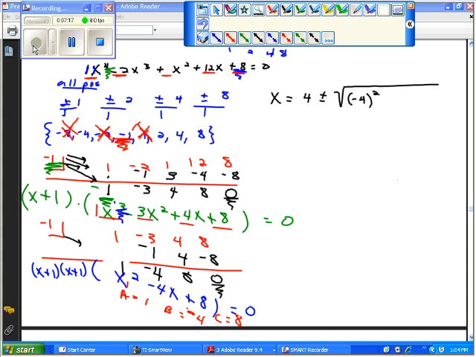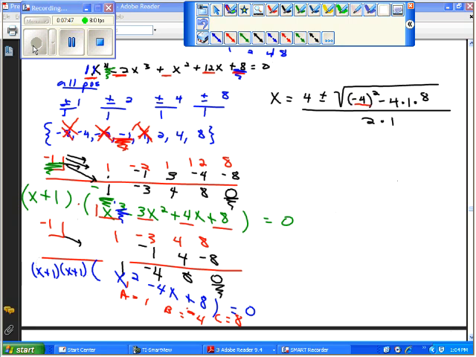Negative 4 squared minus 4 times the a value of 1 times the c value of 8, all over 2 times the a value of 1. So since x squared minus 4x plus 8 does not factor nicely, we're going to plug it into the quadratic formula to get our final two roots. Okay?